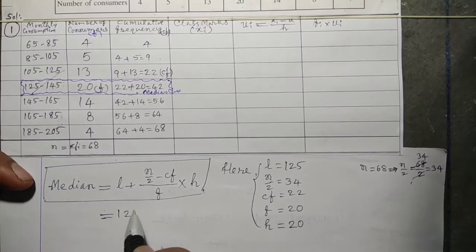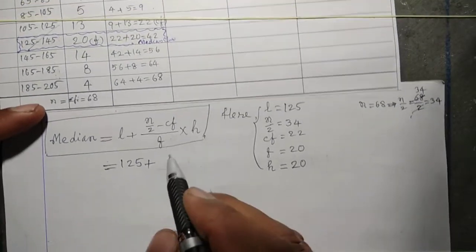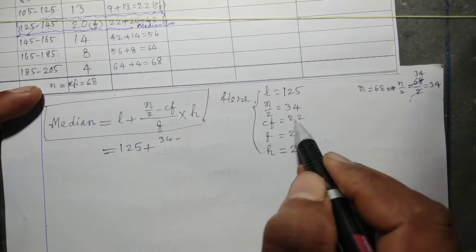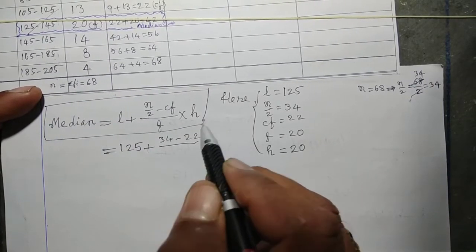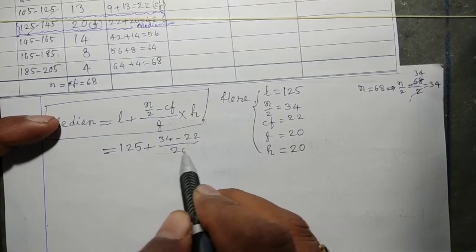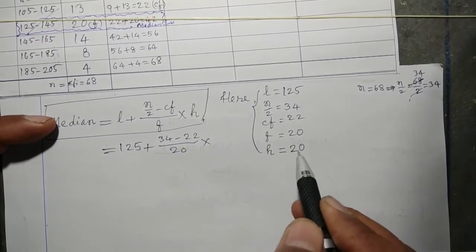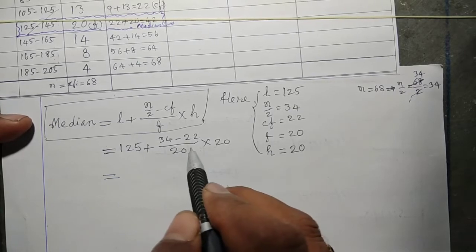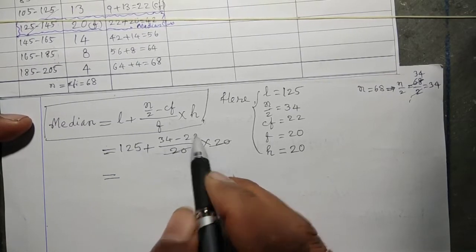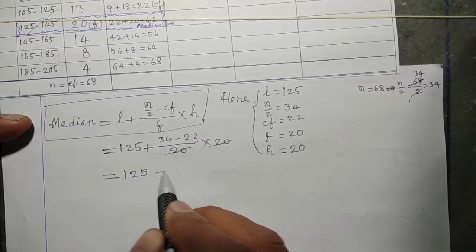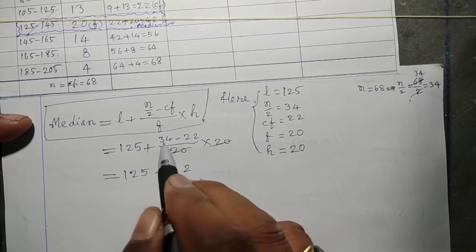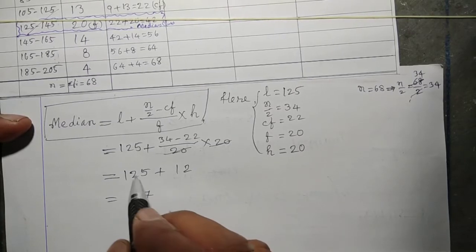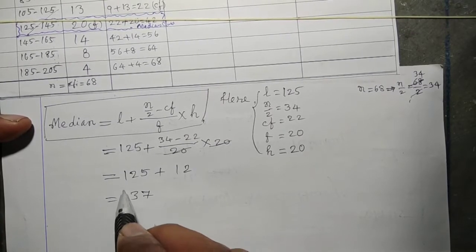L 125 plus n by 2, 34, minus Cf 22, by small f 20, into height h 20. 20 cancels, 34 minus 22 is 12, 125 plus 12 is 137.